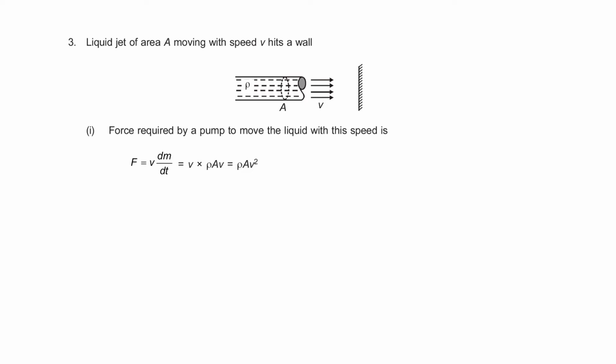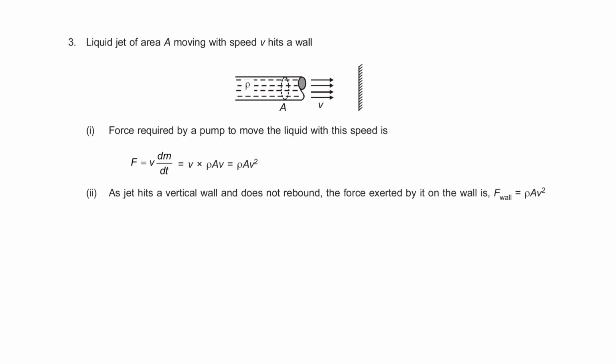Point number 2. As the jet hits a vertical wall and does not rebound, the force exerted by it on the wall is F wall equal to rho Av square. Point number 3.